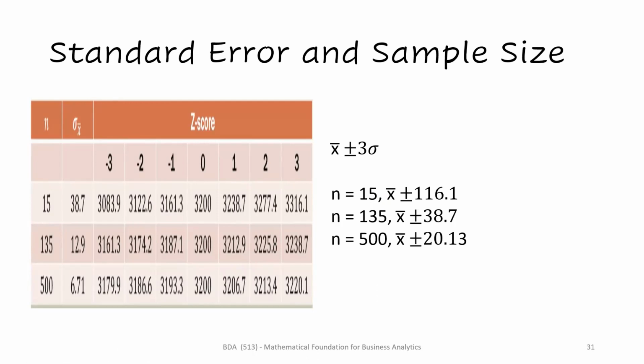Who can explain the first one? Where x bar is plus or minus 3 standard deviations and n is 15, why are we getting 116.1? Can somebody explain why?